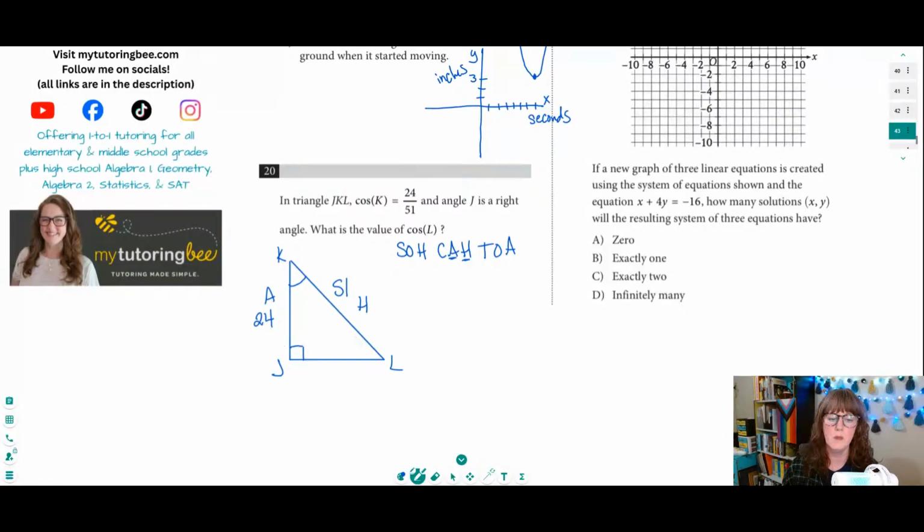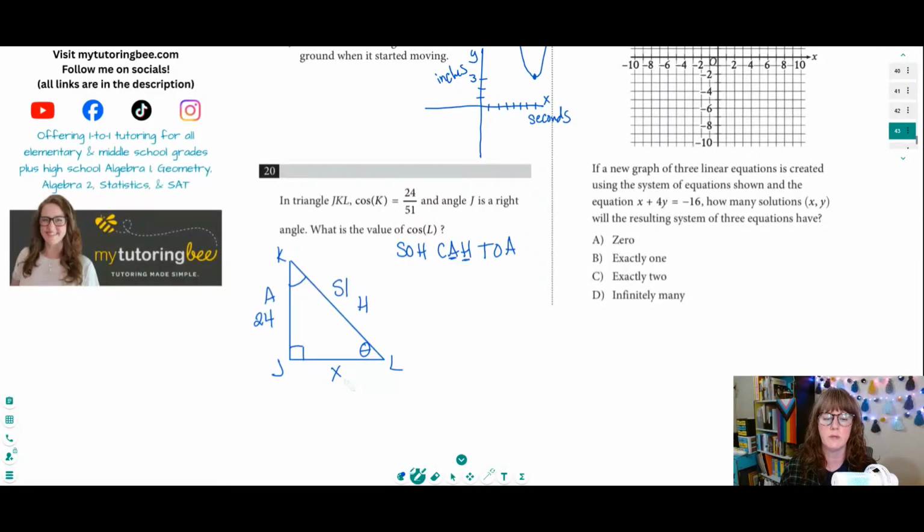Okay, so now let's switch gears to the value of cosine of L. Now we're talking about this angle down here, L. They're still asking for cosine, but now the adjacent side to angle L is this side, and this is the one we are trying to find.